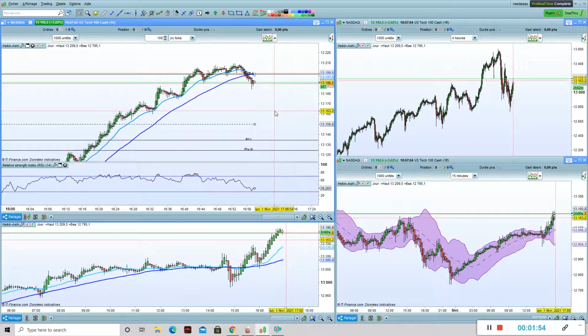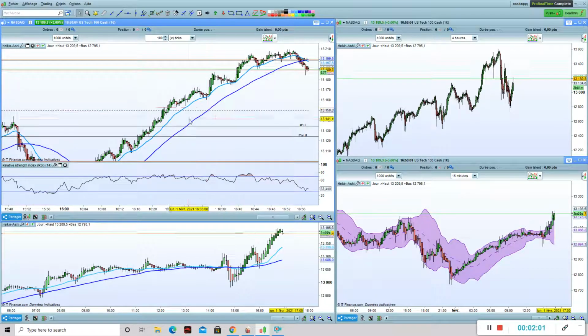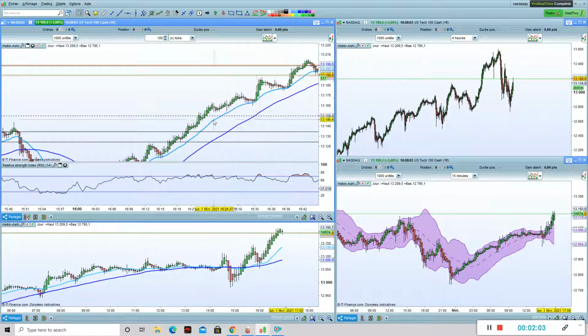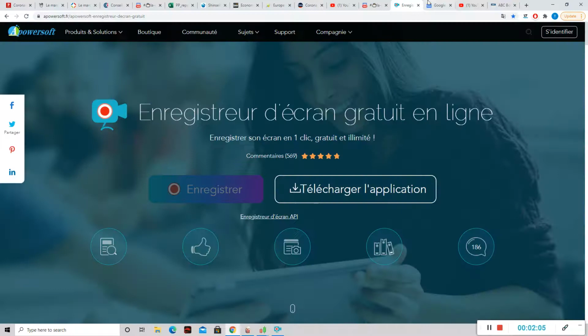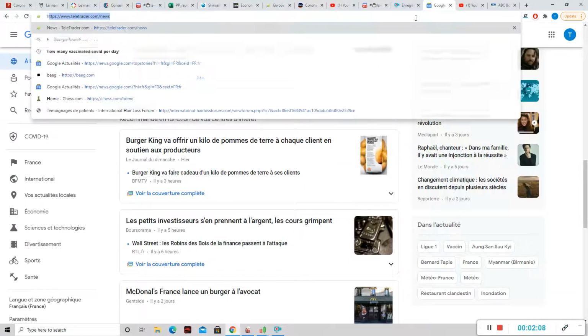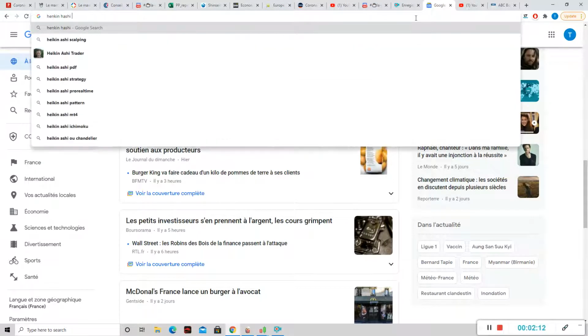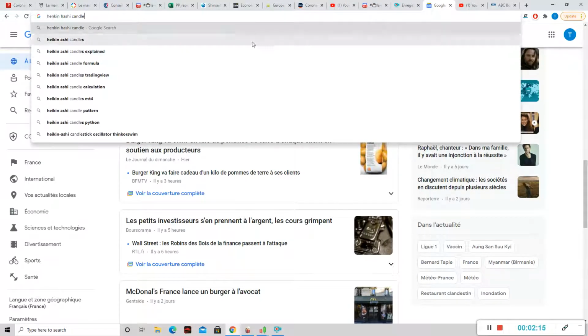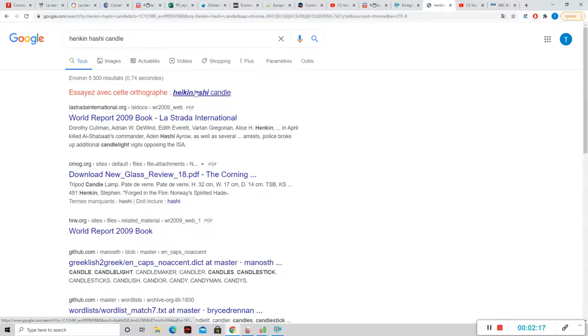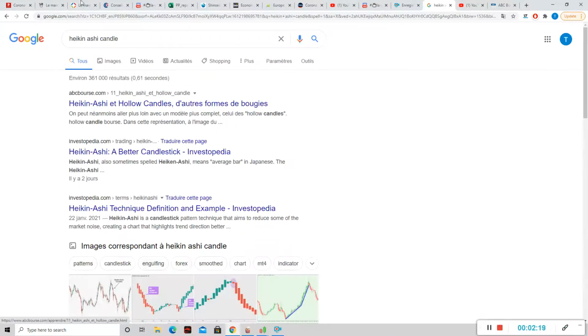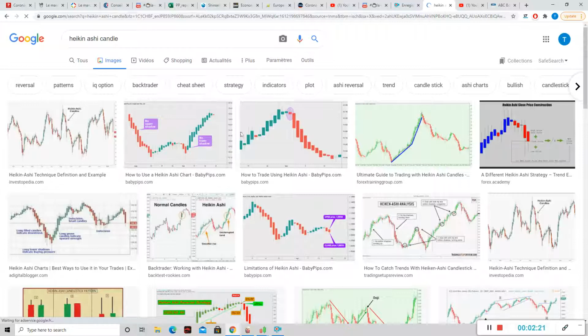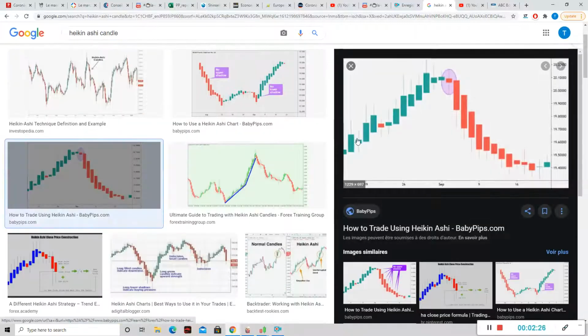The first thing I use is a Heikin Ashi candlestick, which are the ones you can see here. It's a special candlestick that smooths all the waves. It's not like a Japanese candlestick.